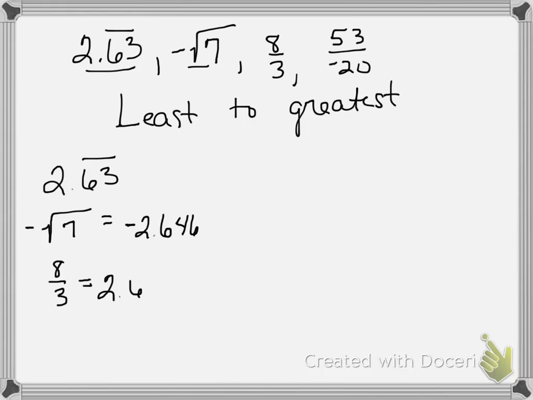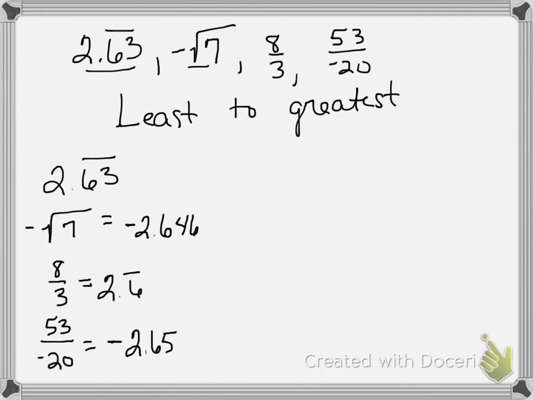It's 2.6 repeating. And 53 over negative 20. We know that different signs, when I divide, give a negative. Same signs are positive, different signs are not. So since it's not positive, it's got to be negative 2.65. Now it's going to be a whole lot easier to list these least to greatest.